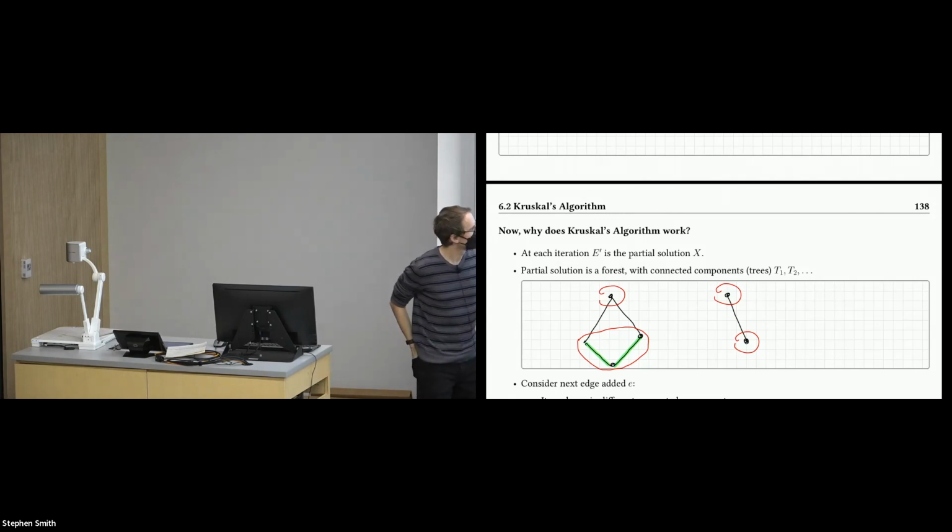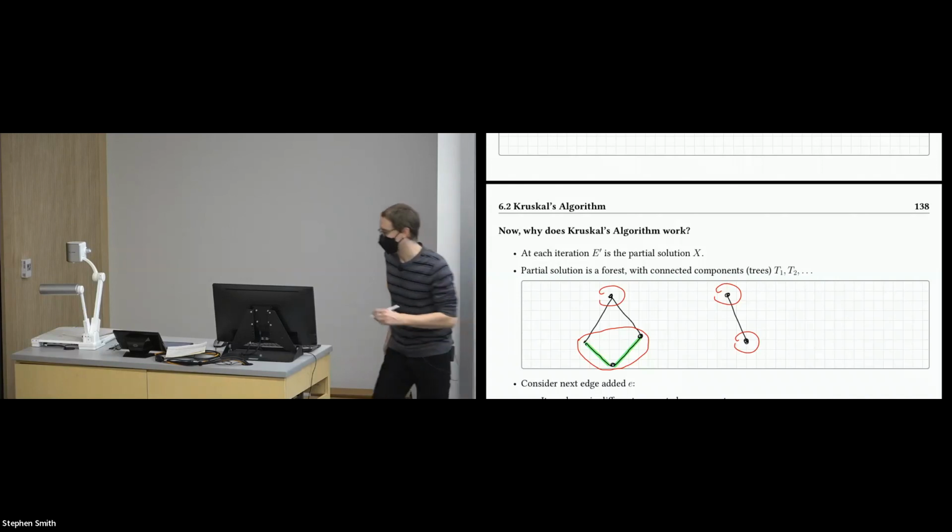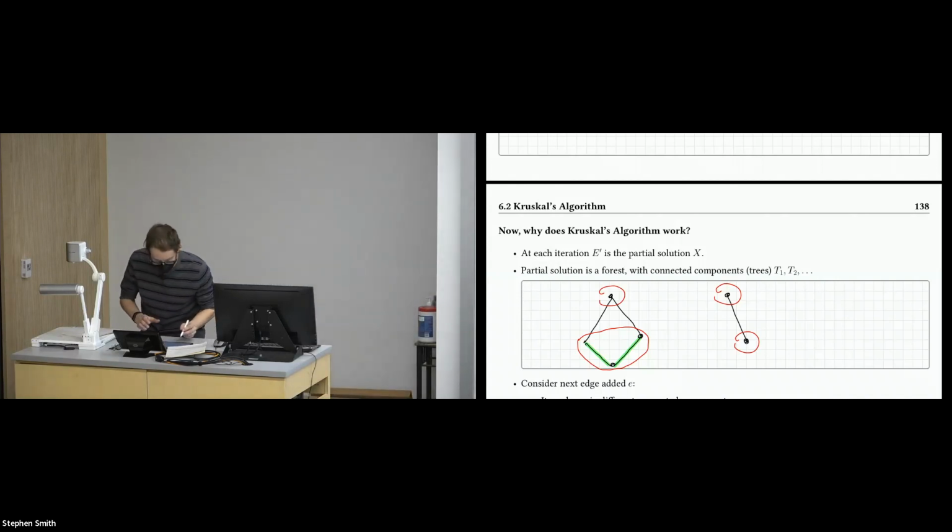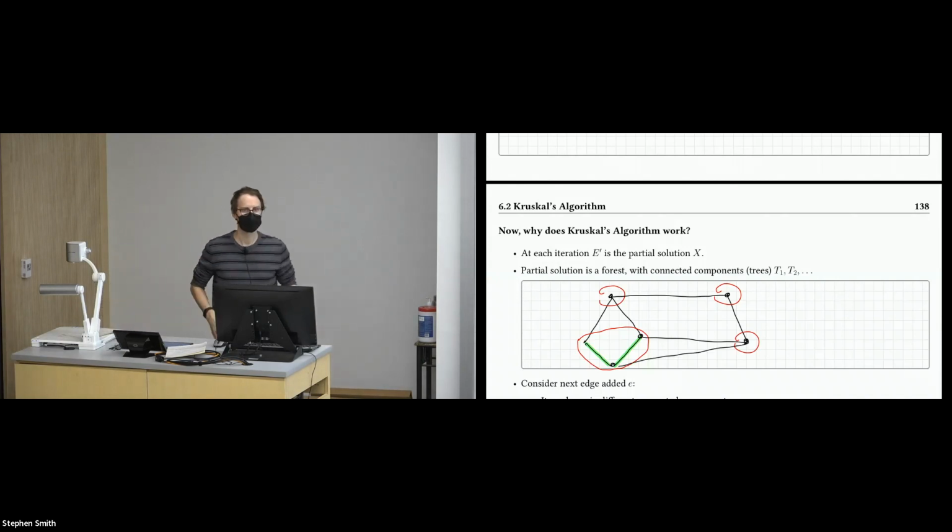But that's not the strongest method. Oh, sorry, yeah, I haven't drawn all my edges. You're right. Let me draw some more. I got to the part I wanted and then I stopped. Let's make some more edges. Thanks, yeah.